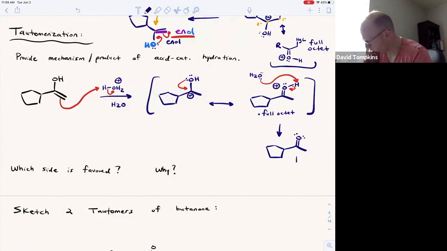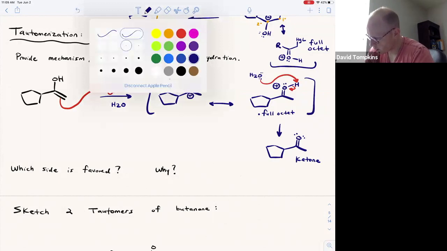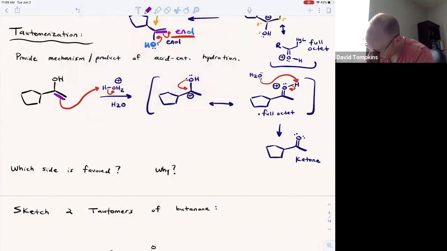So this is a ketone, or it's a carbonyl with carbons on both sides of the carbonyl. And the tautomerization overall is just this, where the carbon-carbon pi bond, via protonation, becomes a C=O pi bond.